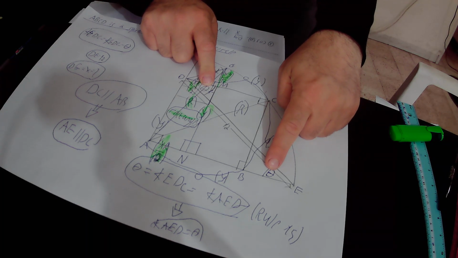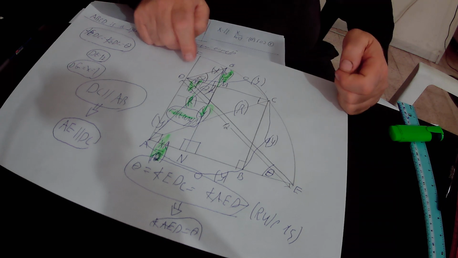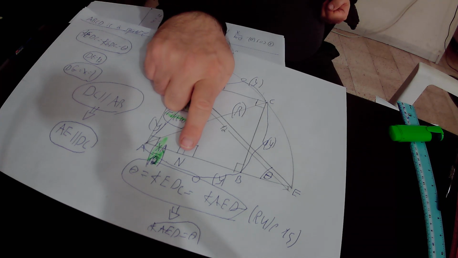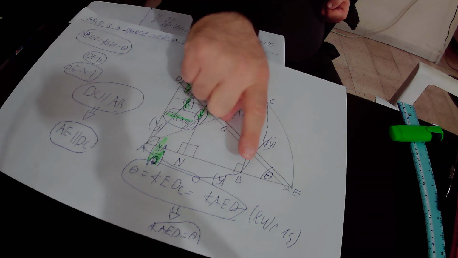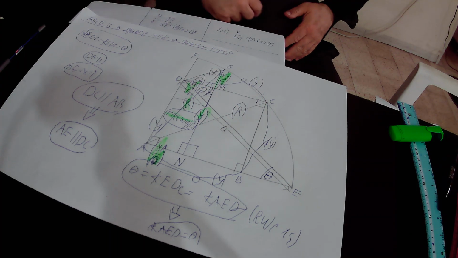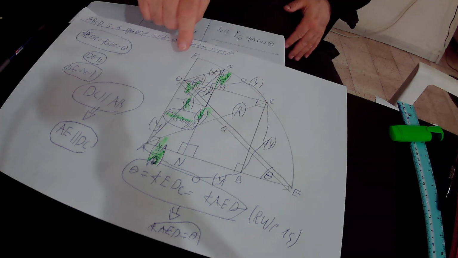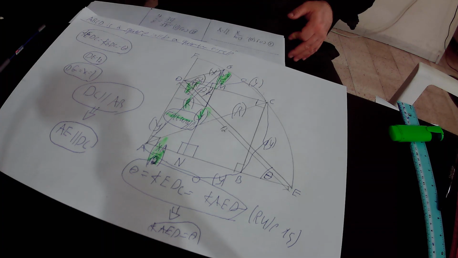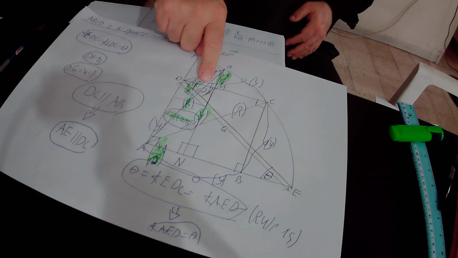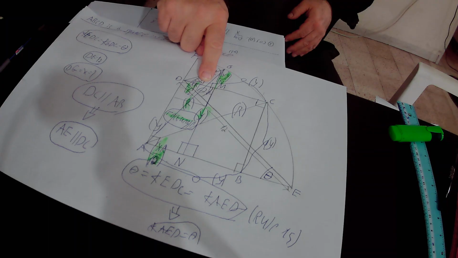Because they are alternating angles located between the parallel lines DC and AE, they are equal to each other. So here, angle EDC equals angle AED according to rule 15. But angle EDC is equal to theta, according to what is given.